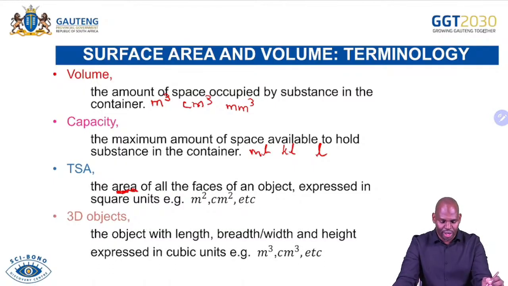The unit for three dimensions is cubic meter, centimeter cubed, etc. If we are calculating volume it is cubed units, for capacities milliliters, kiloliters and liters, but for total surface area, it is going to be square units.